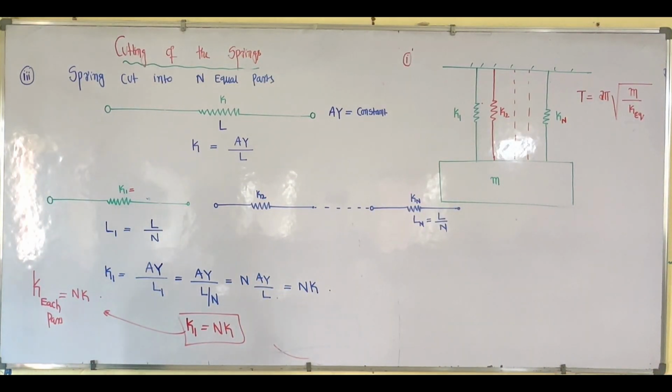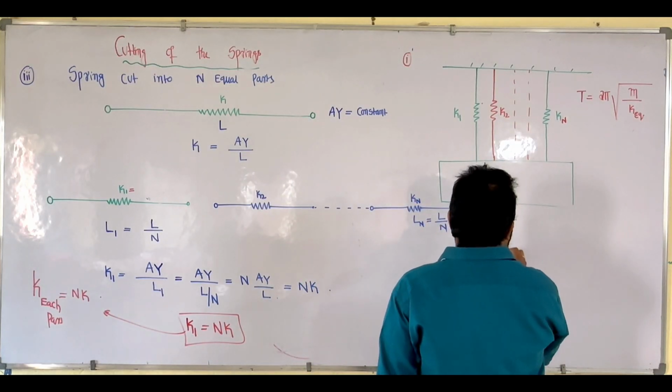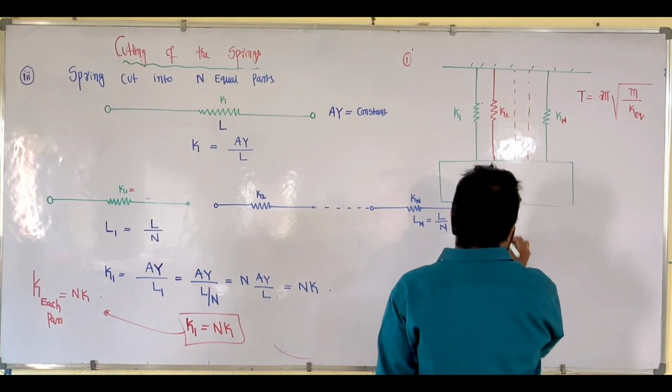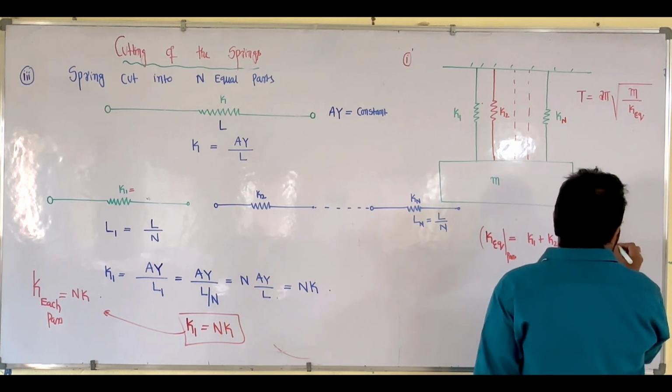Understood? So now tell me, what is the K equivalent in parallel combination? K1 plus K2 and so on up to Kn.